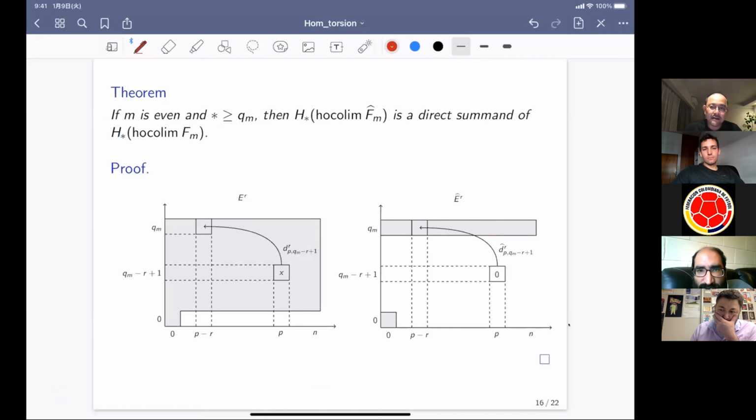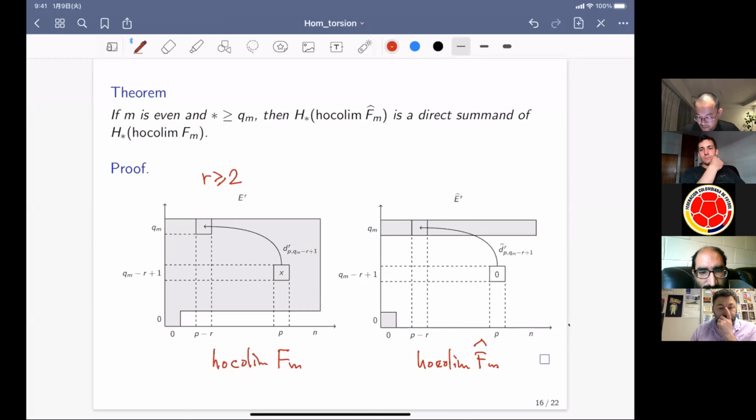This is obtained by an easy comparison of the Bousfield-Kan spectral sequences. The spectral sequence for hocolim F_m looks like this, and for hocolim F_m hat looks like this.